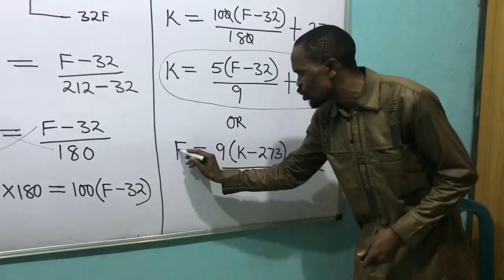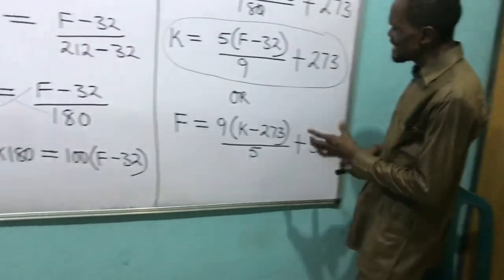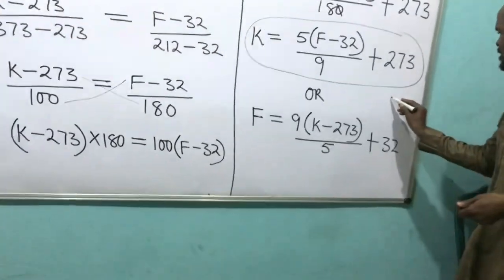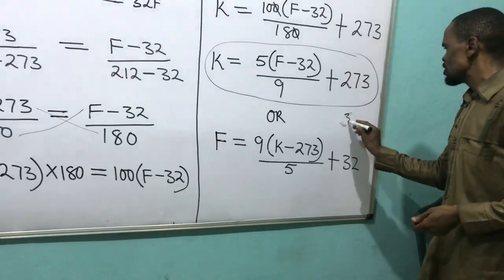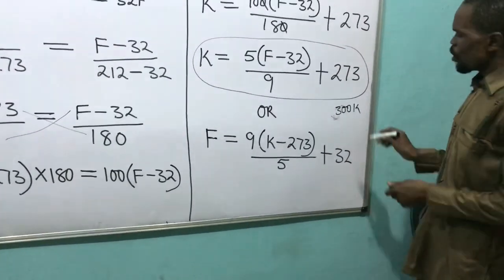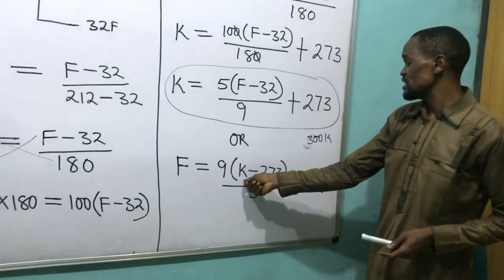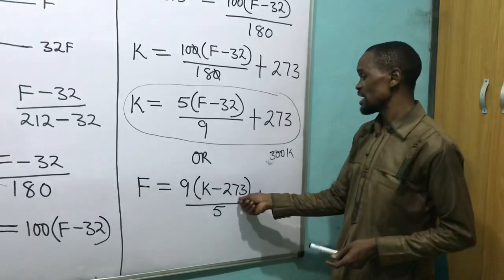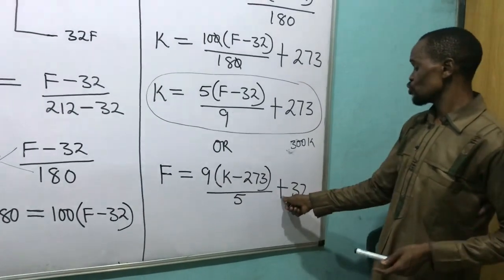And this is the equation connecting F and Kelvin. So assuming that I read a value of 300 Kelvin, what will I do? I will remove this K and put this 300 inside this place: 300 minus 273, times 9 divided by 5, plus 32.